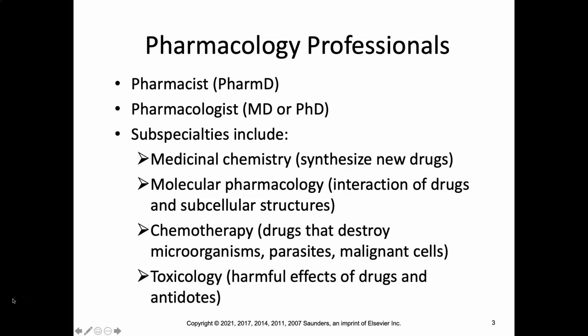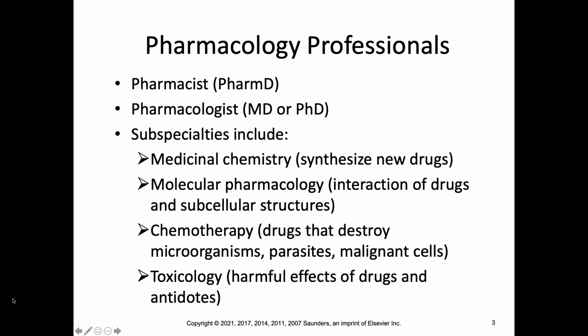Some pharmacology professionals and subspecialty areas in pharmacology that you need to be aware of and be knowledgeable about are on this slide and the next one. The two professionals that you'll probably run into the most with pharmacology are pharmacists.